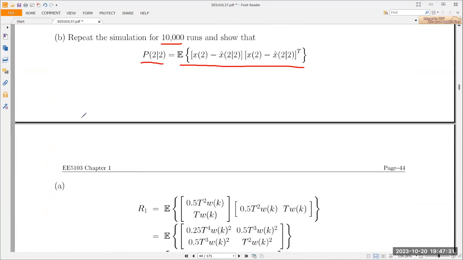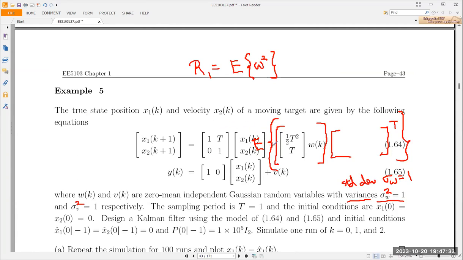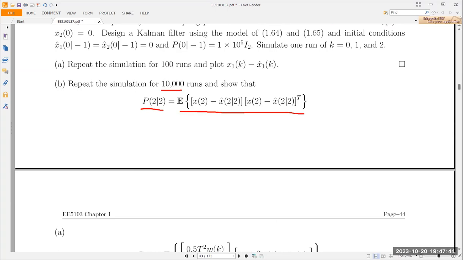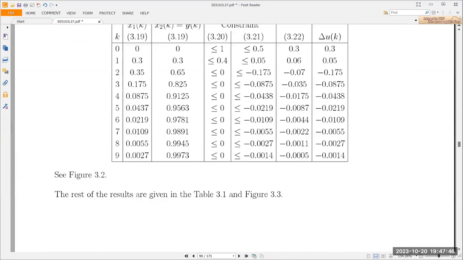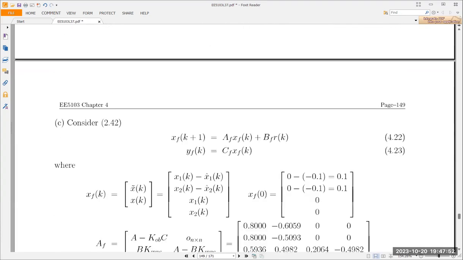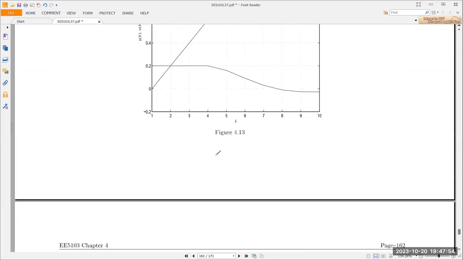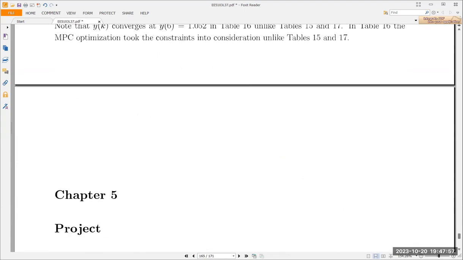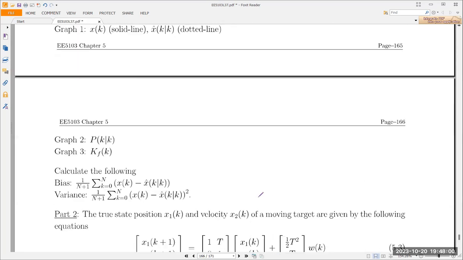All right, here is using a constant velocity model, which is even more complicated than your part one. Okay, so you do the calculation. Then after that, you plot the graph.